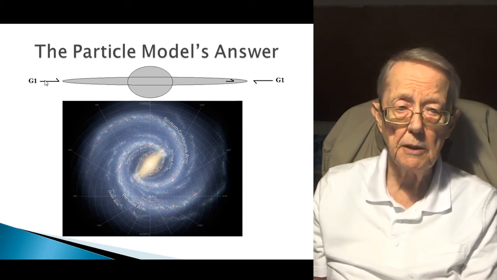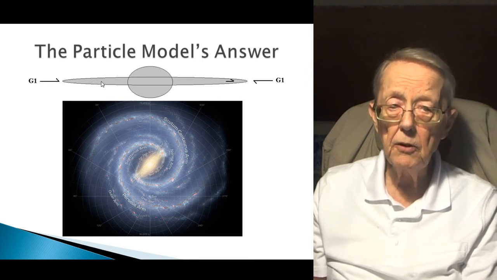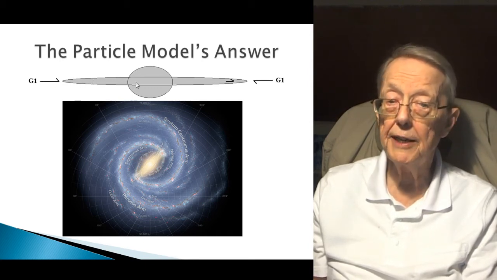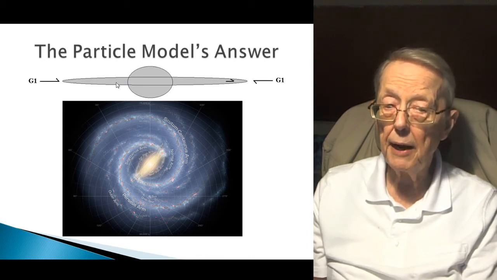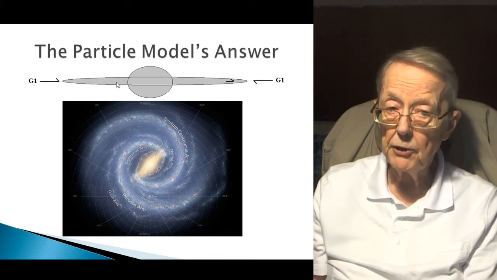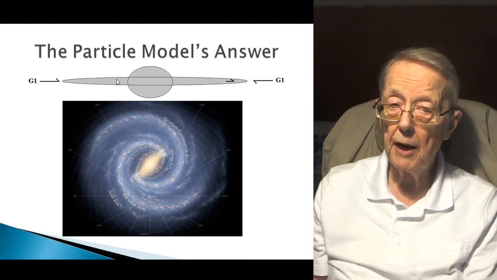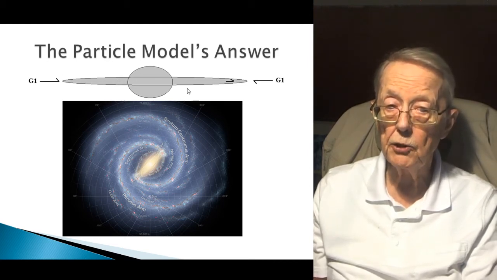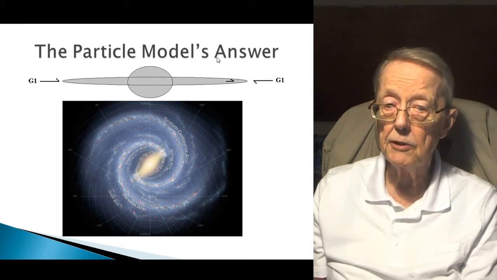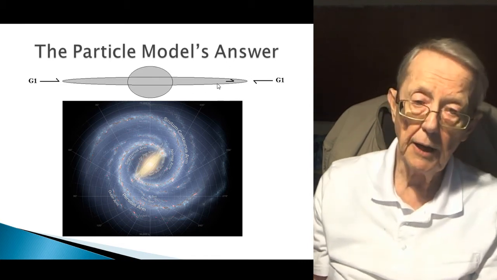And as it goes through, if you remember my presentation on interactions, when the G1 particle passes through an object, it can bounce off of the object or it can be trapped by it. So as it goes through, it keeps losing particles until you get over here, there's very few particles. I don't know how many.